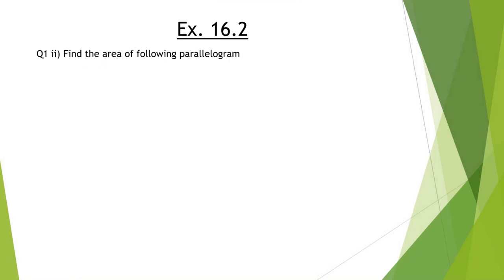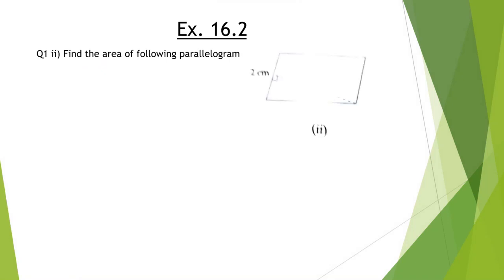Now open the second exercise, that is exercise 16.2. Open your books, look at question number 1, second part. Find the area of the following parallelogram.